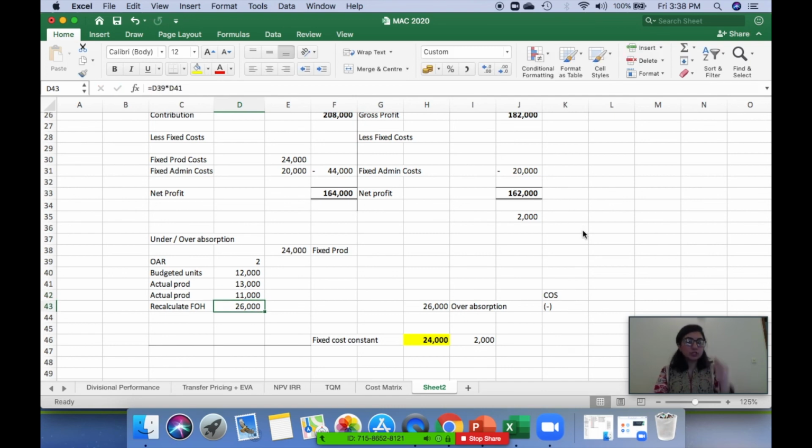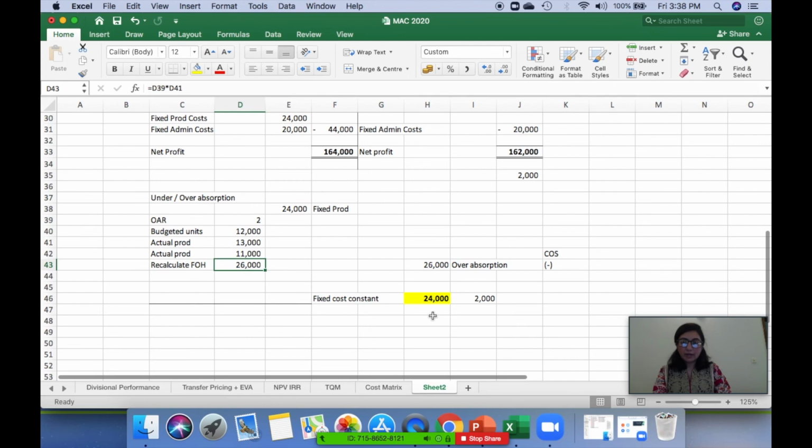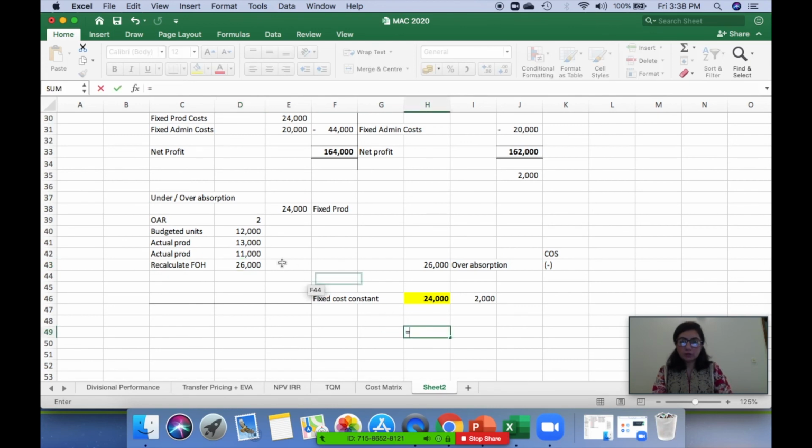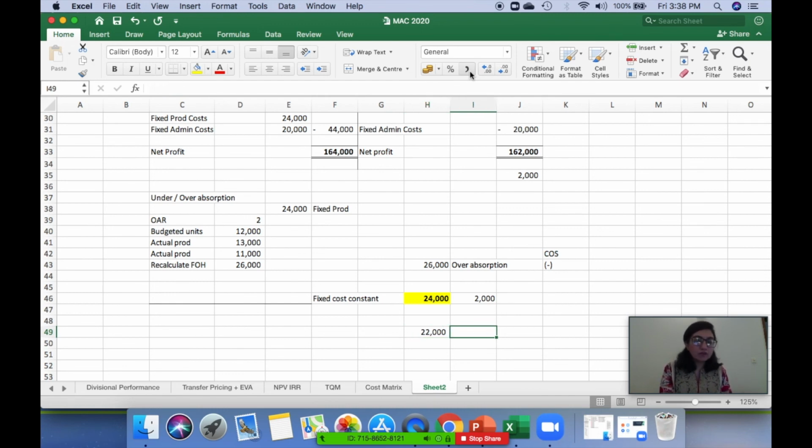The actual production goes down, right? That means your fixed cost will go down. So you will multiply the OAR. Remember, to calculate the new fixed cost, we will use the OAR approach. Into 11,000 will give us 22,000. That means that your fixed cost should have gone down because of the change in production.